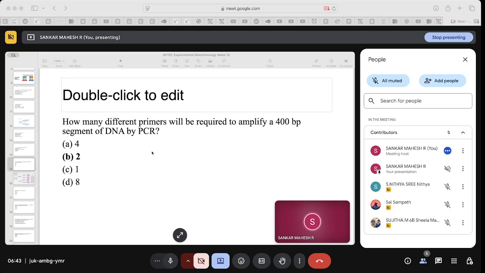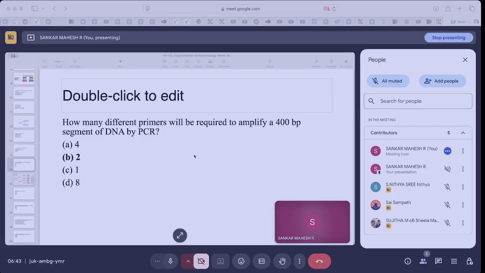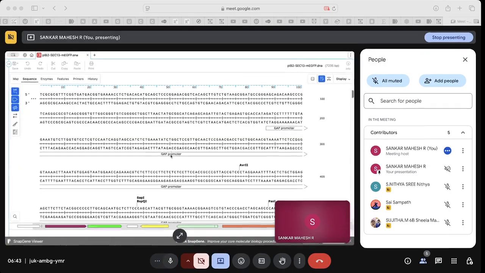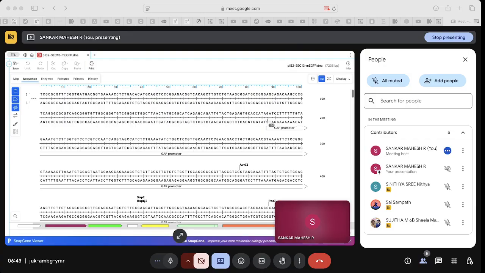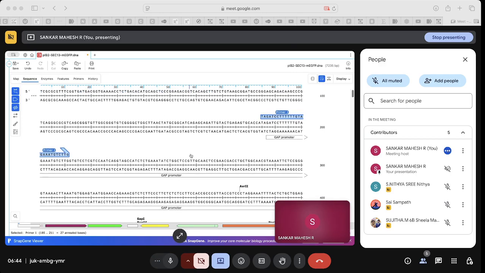So you have different names depending on what people use. I can show you one example here. Give me a minute. Okay, so you see this, right? Now let's say this is one of my primers from here to here. Now let's say I add this as one of my primers. Now let's say from this till this region it is happening.